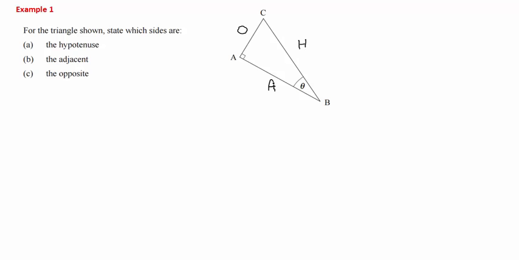So the hypotenuse is BC. You could write CB, but normally we put the first letter first. The adjacent is AB, and the opposite side is AC. So that's how you define each side.